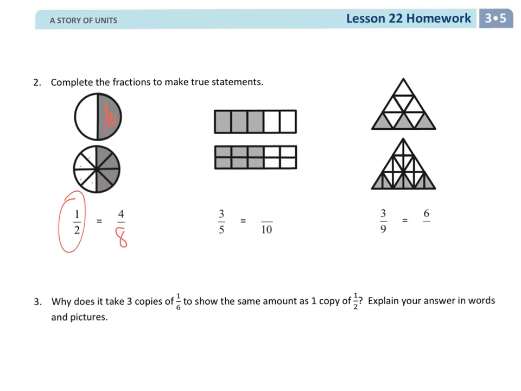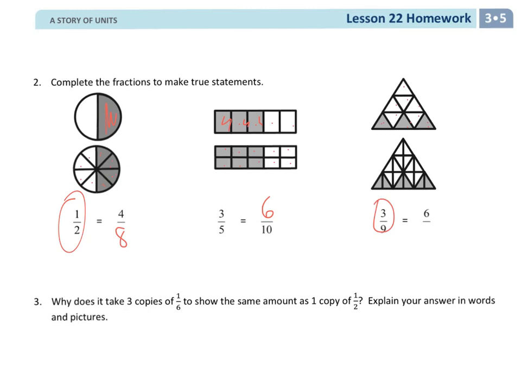Now when I look at the next one, I see 1, 2, 3, 4, 5, so 3 out of 5 shaded. And this one's going to be 1, 2, 3, 4, 5, 6, 7, 8, 9, 10. So 6 of the shaded out of 10. For this last one, I have 1, 2, 3 out of 1, 2, 3, 4, 5, 6, 7, 8, 9.